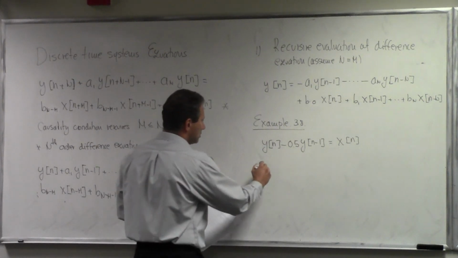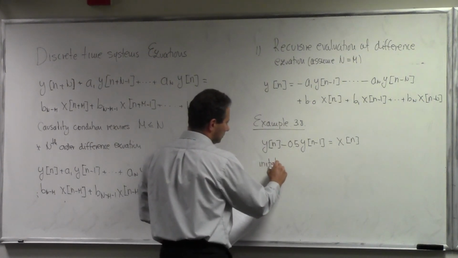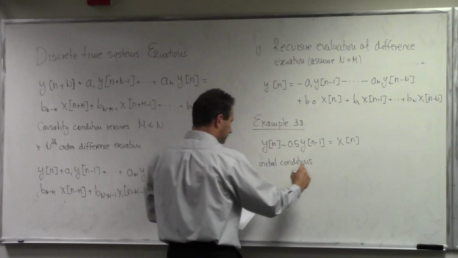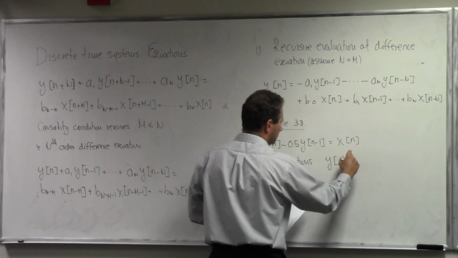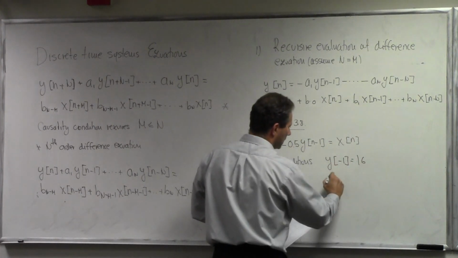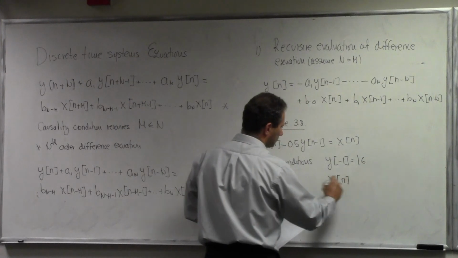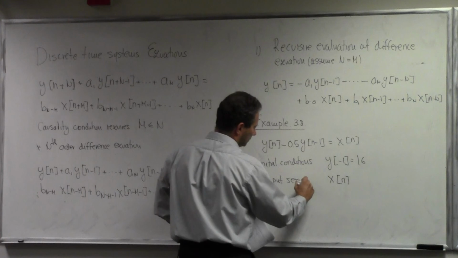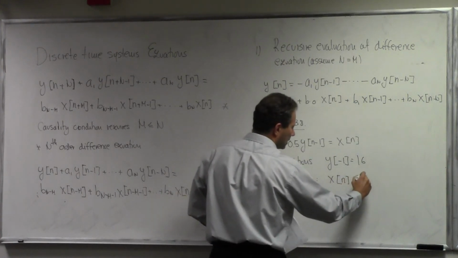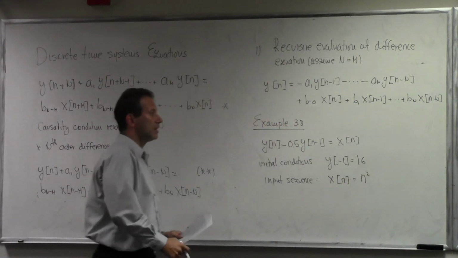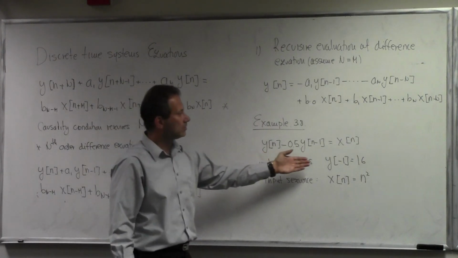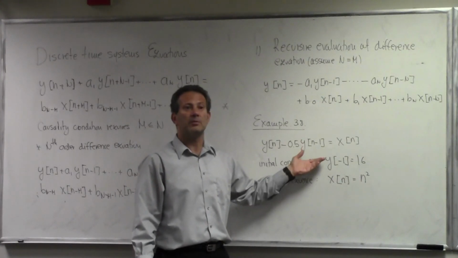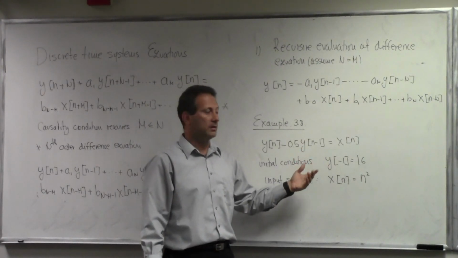Now I have initial conditions that say y of minus 1 is equal to 16, and I know that my input sequence is n squared. So I have the initial conditions for y, and I have my input. Can I predict what the output of this system is? The answer is yes.